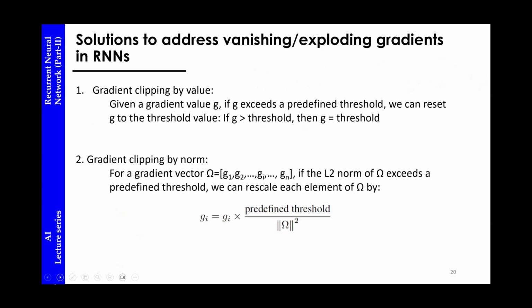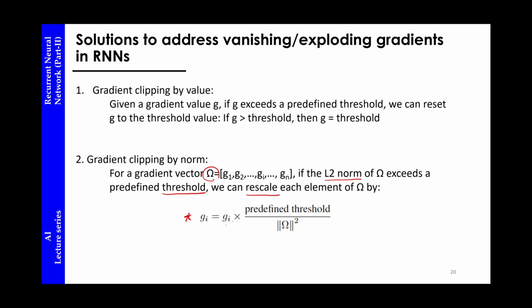There is another method called clipping by norm. This is more general than the first, I think, but they are very similar. Here, instead of one gradient, we have a vector of gradients, which is shown by omega. Then we calculate the L2 norm of omega and see if it exceeds a certain threshold that we define, and then we rescale each gradient by this formula.